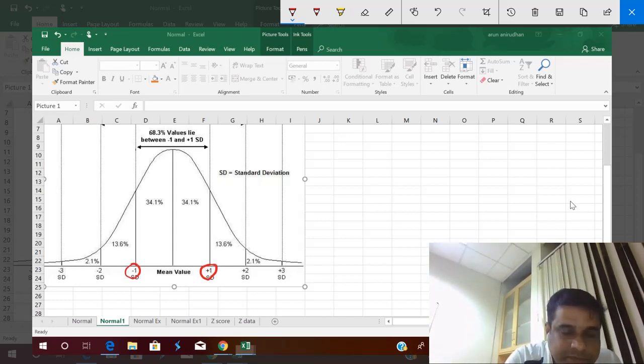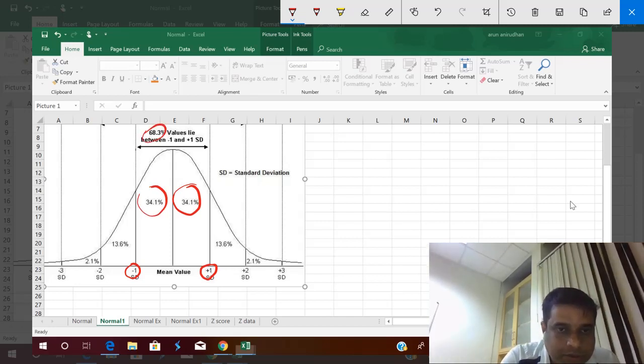So 68% is divided into 2. It is actually 68.3, so 34.1 plus 34.1. So the sum of this and this gives 68 point. Okay, like that, this plus this, you get 95 percentage, 95.4 comes, and 99.7. Hope it is clear to you.